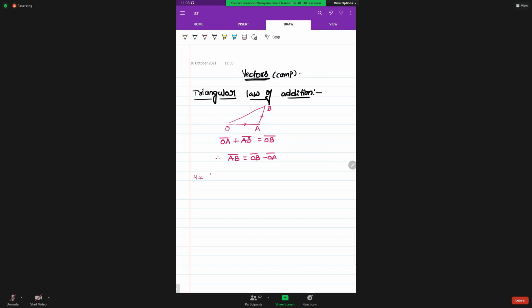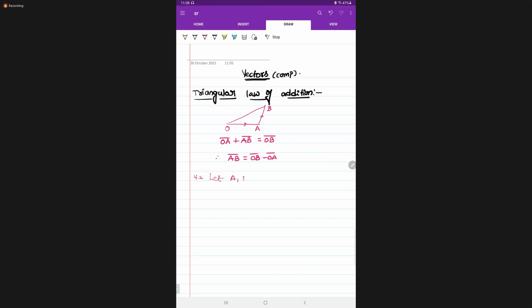Let A, B, C be vertices of a triangle. Then from the triangle law of addition you can write AB bar plus BC bar is equal to AC bar.